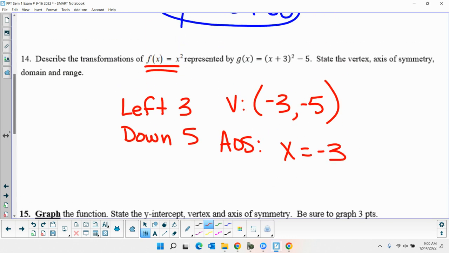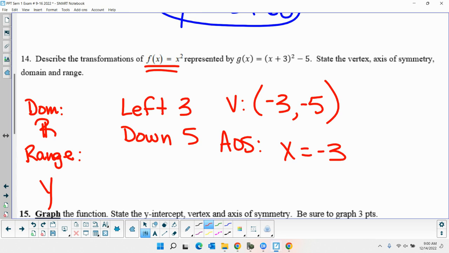Domain for parabolas is always what? All reals. Range, remember, that's the y values. Does this open up or down? What's my a value? What's in front of that parenthesis? What number?